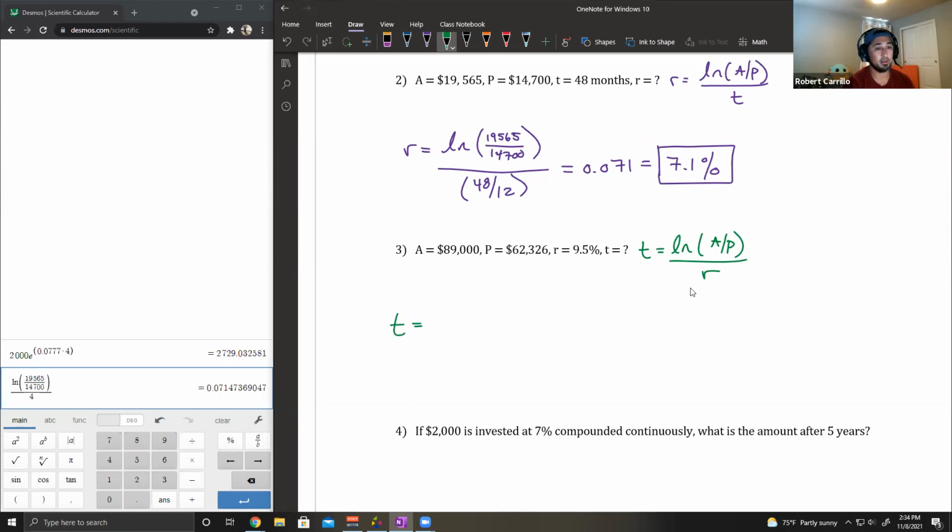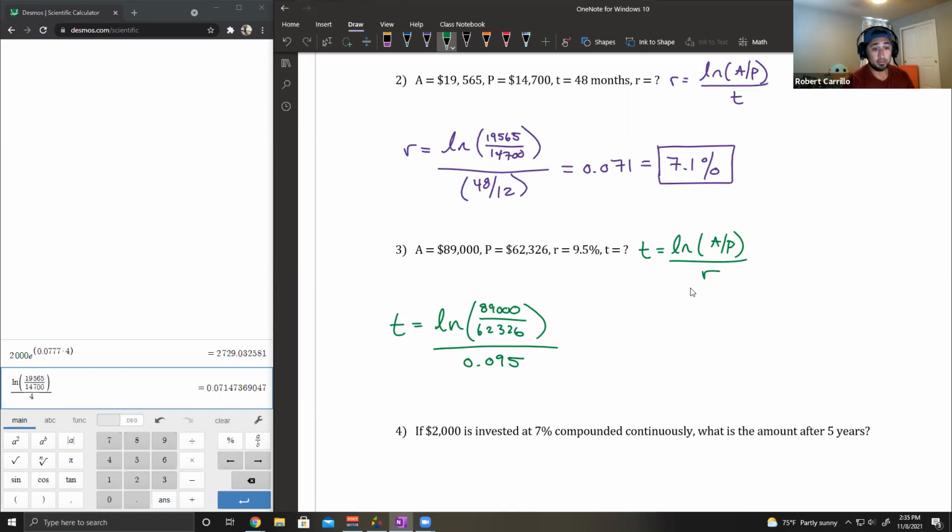So T is going to be the natural log of 89,000 over 62,326 over 0.095.